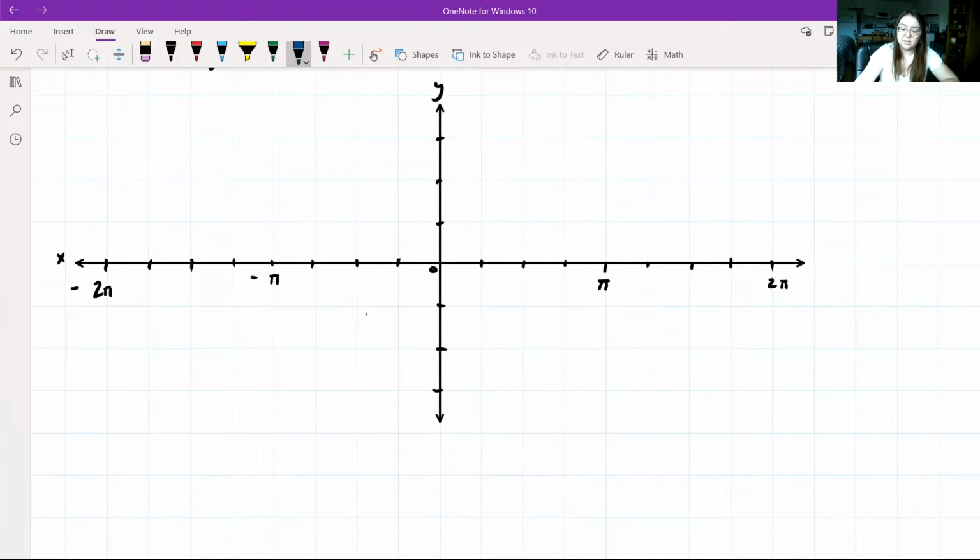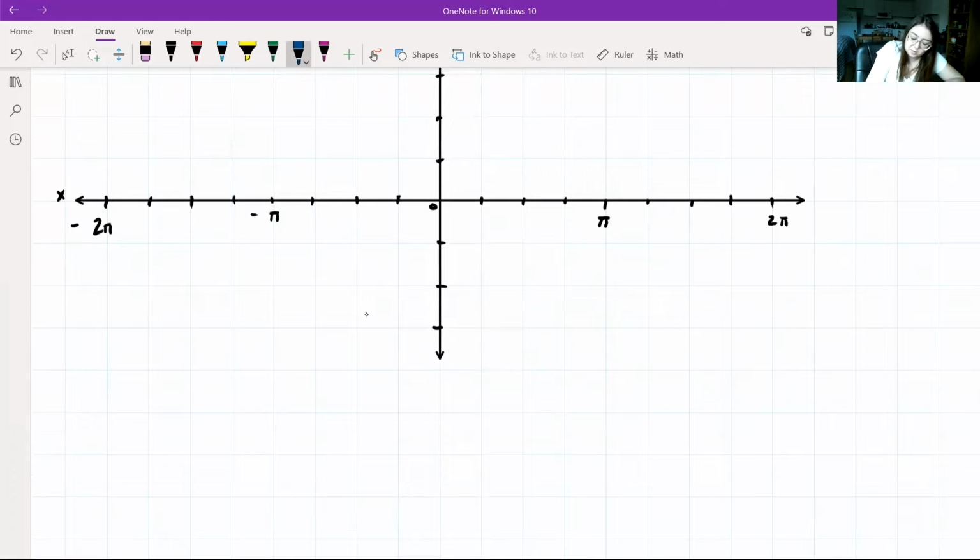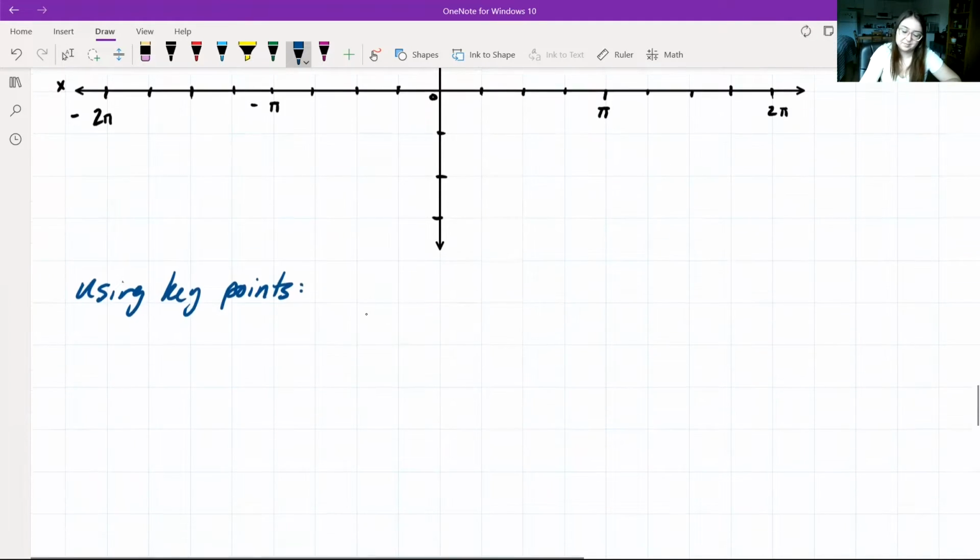So remember with using key points, and we'll write this here, using key points, we have 4 steps. 3 written steps, the 4th step is to graph. So when using key points, we want to start with step 1. And remember, step 1 is finding the amplitude and finding the period.